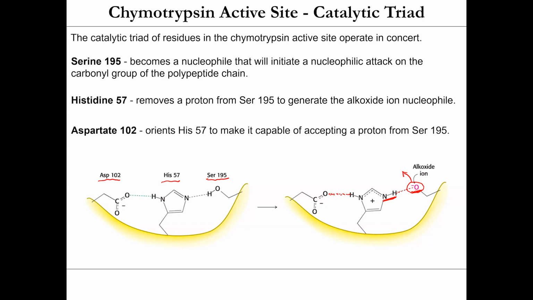It will both orient histidine and make a bond with this proton here, and that makes histidine a better electron acceptor. So these three residues all work together in the active site for chymotrypsin catalytic activity.